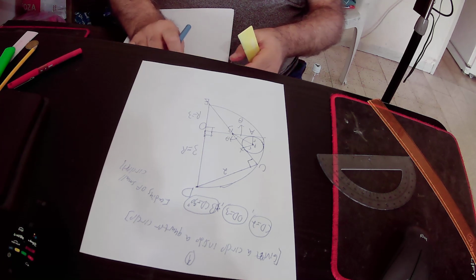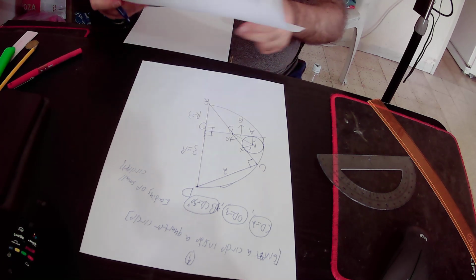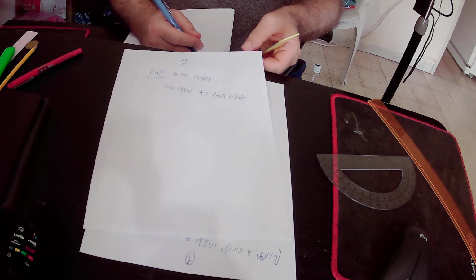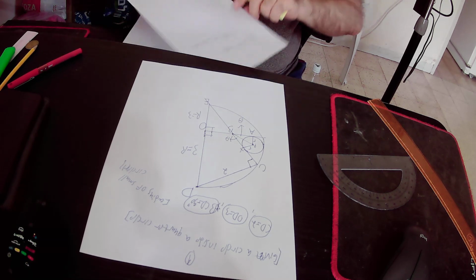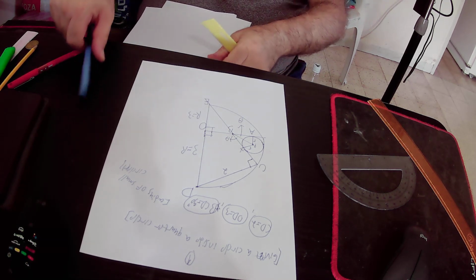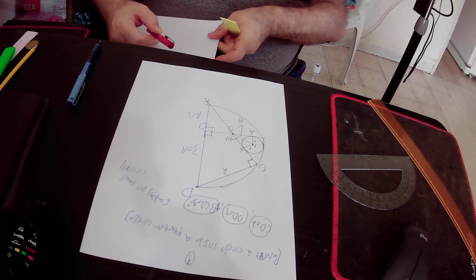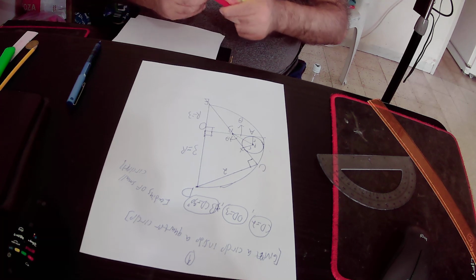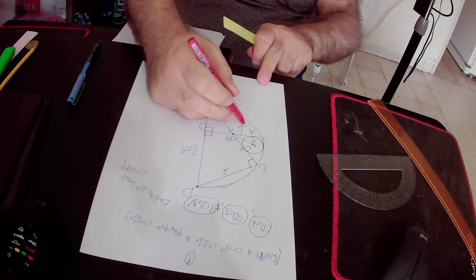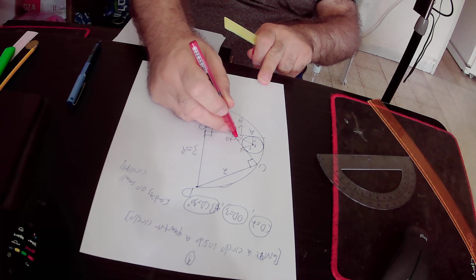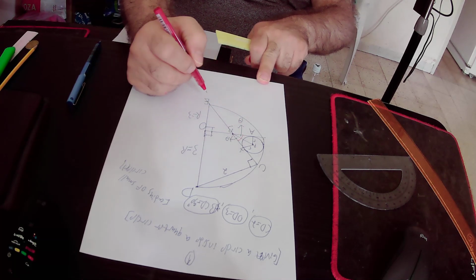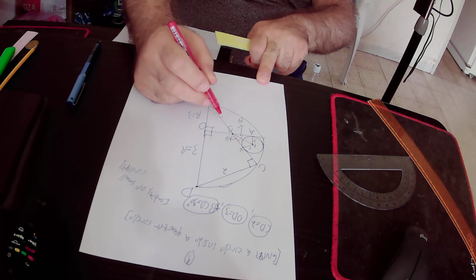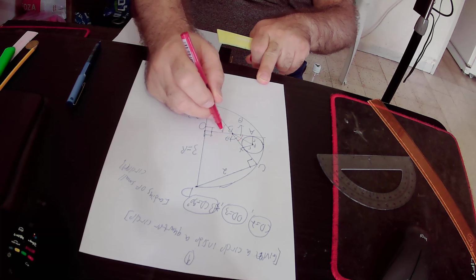Again, the rule states that vertex angles are equal to each other. So actually here, angle ABC and angle EBO are two vertex angles.